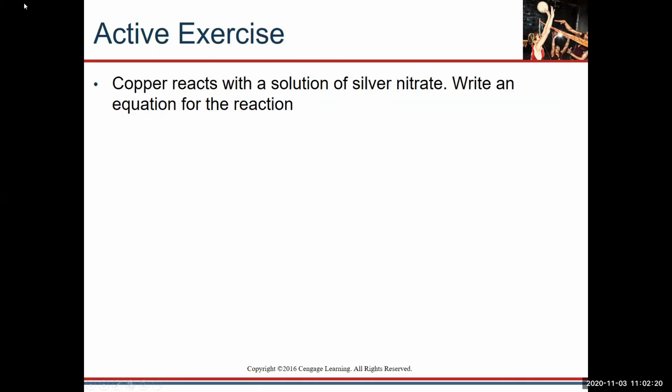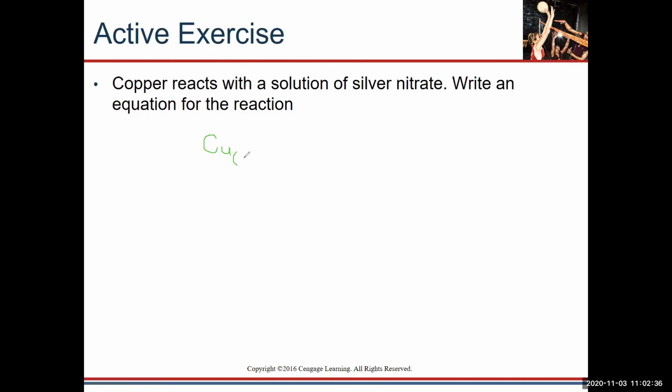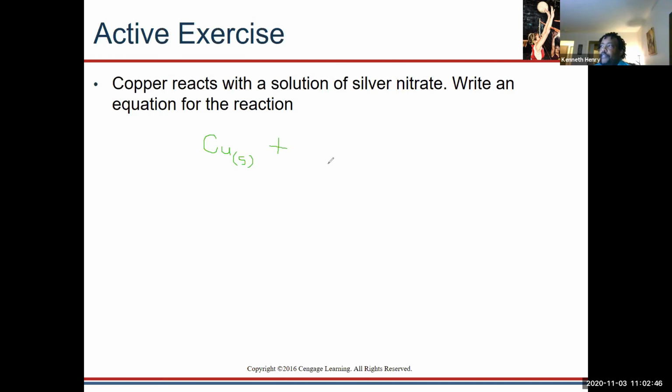Is it copper? So what is the chemical formula for copper? Cu. Okay. Solid, liquid, or gas? Most metals are solid. Solid. Okay. And a solution of silver nitrate?